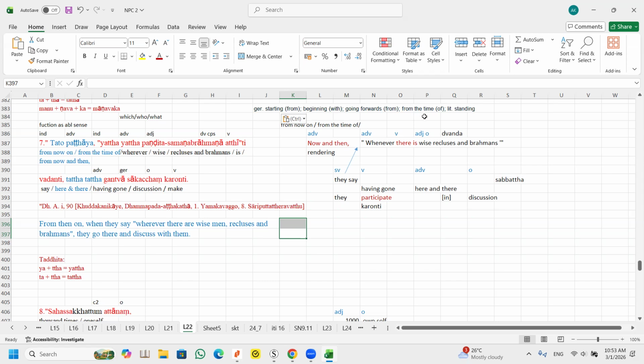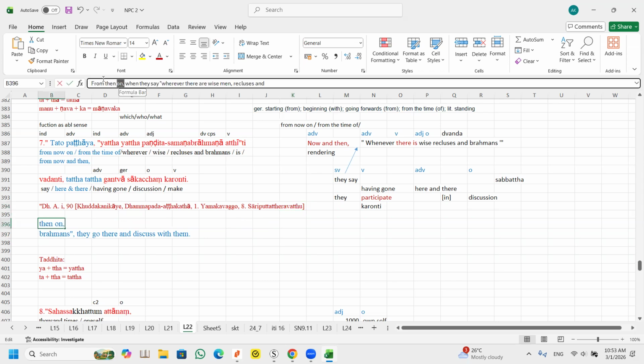From the time of, because here it is from now, continue with this Pattaya. That means here in this case, I make it short, as an adverb, now and then. But the other translator has here, from then on. You see the translation, I do not want to follow exactly like the book.